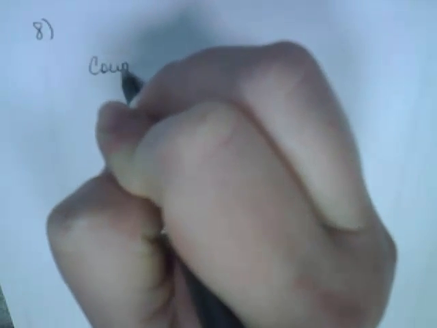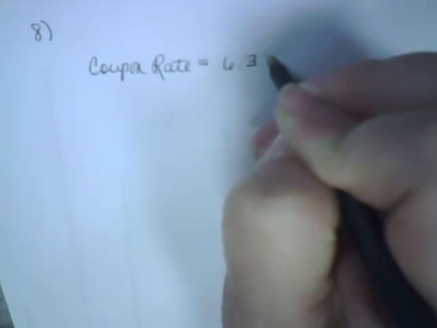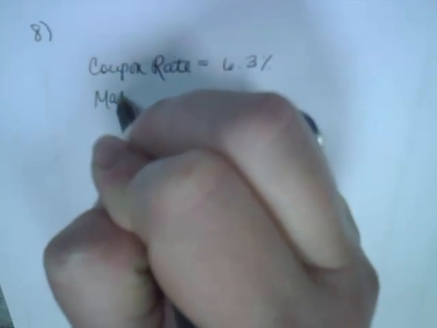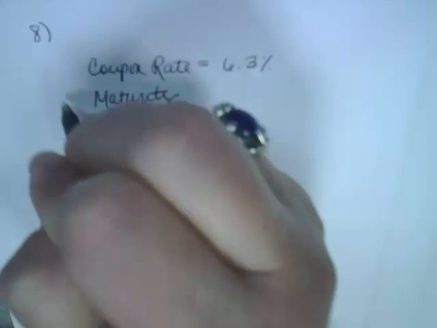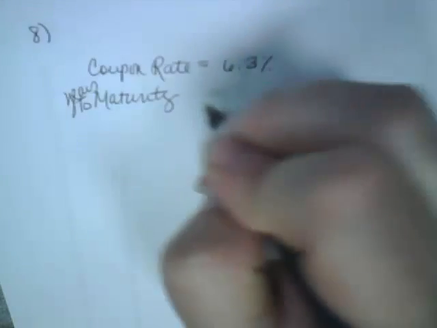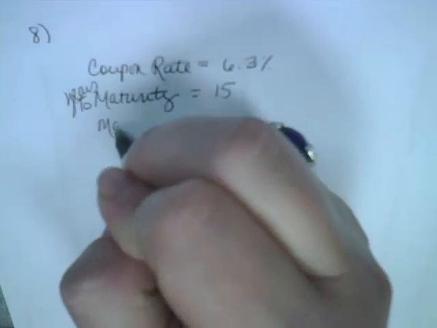So if we have a bond, we have a coupon rate of 6.3%, years to maturity, and we have a market interest rate.